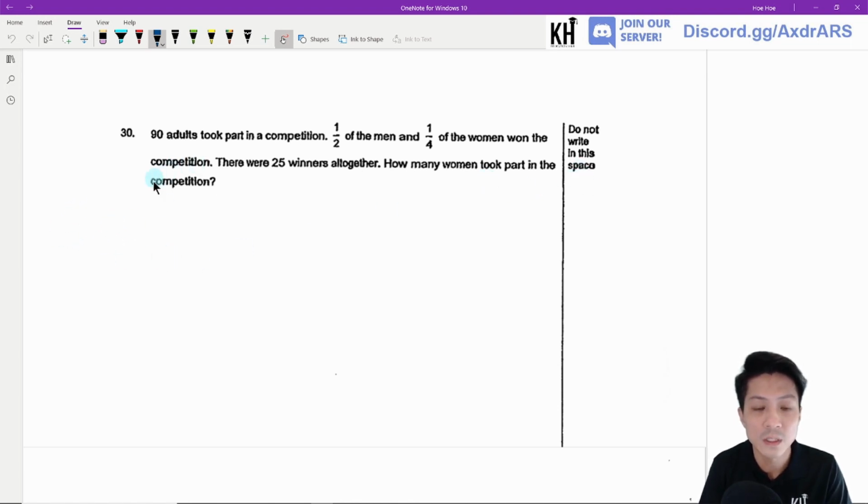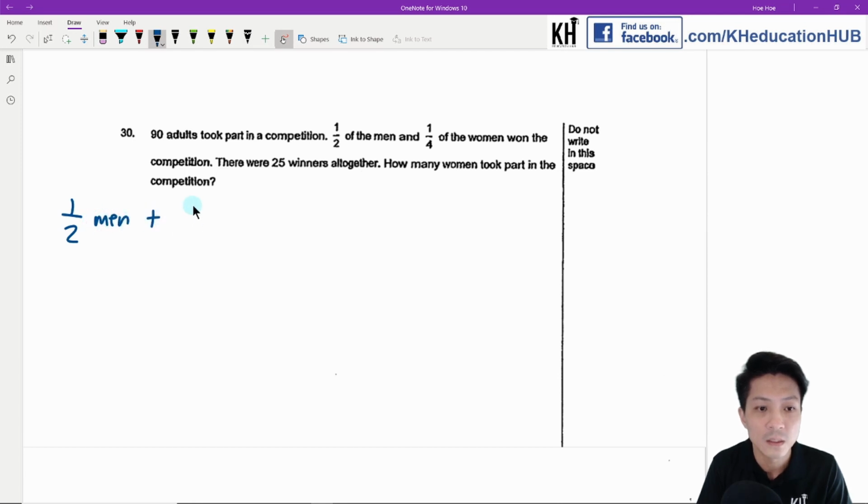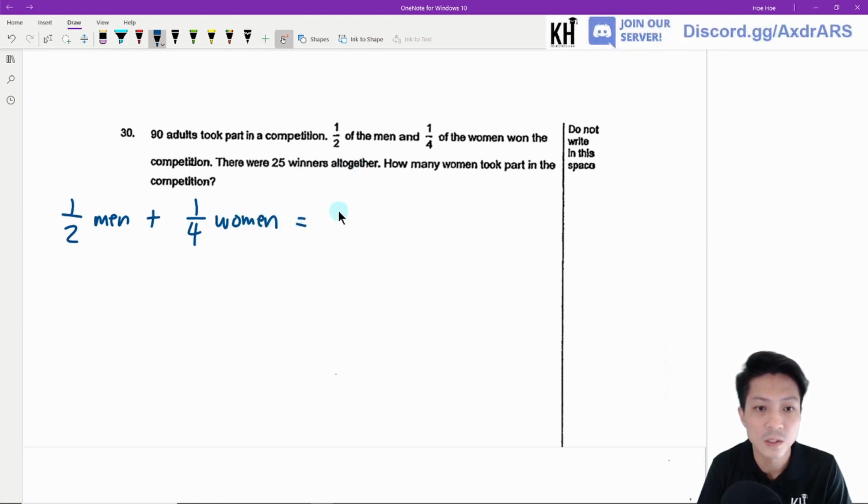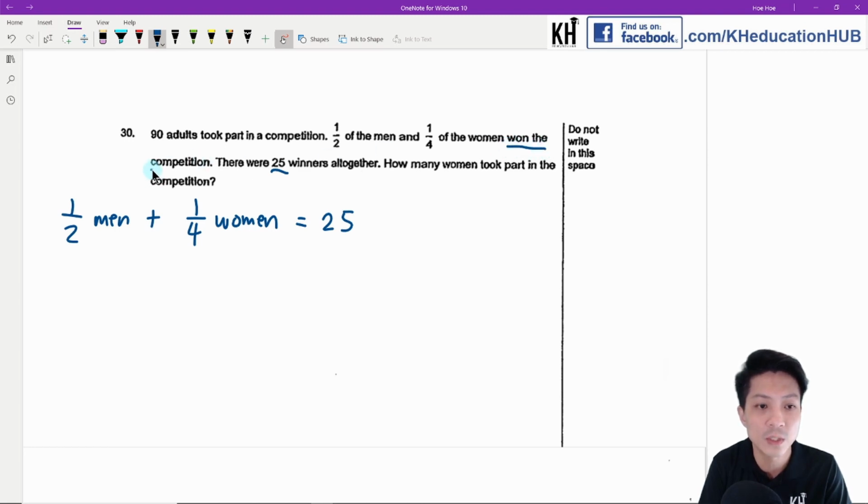Okay, so for this type of question, we need to do this. So half of the men, plus a quarter of the women, is gonna be equal to 25 because there are 25 winners, and this is the fraction of the people who won the competition.